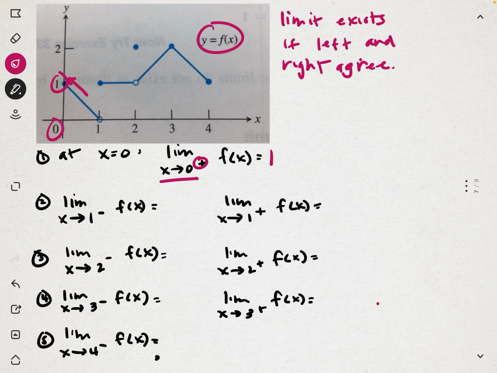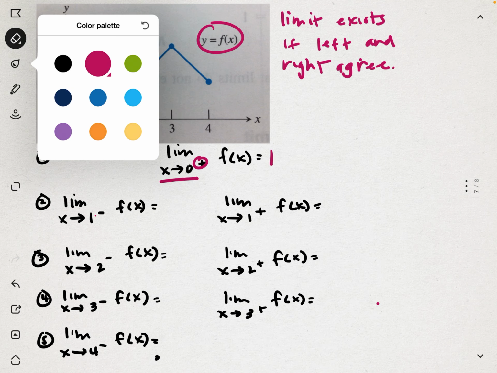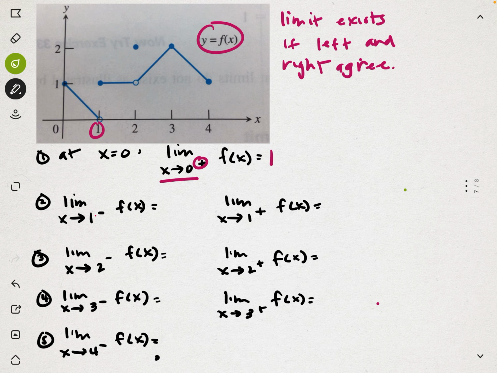Okay, so the next point we're going to be looking at is at 1. So the limit as x approaches 1 from the negative side. Let me erase this a little bit and change colors. Okay, so we're headed towards 1, but from the negative side. Well, that's approaching 0, right? So the limit is 0.